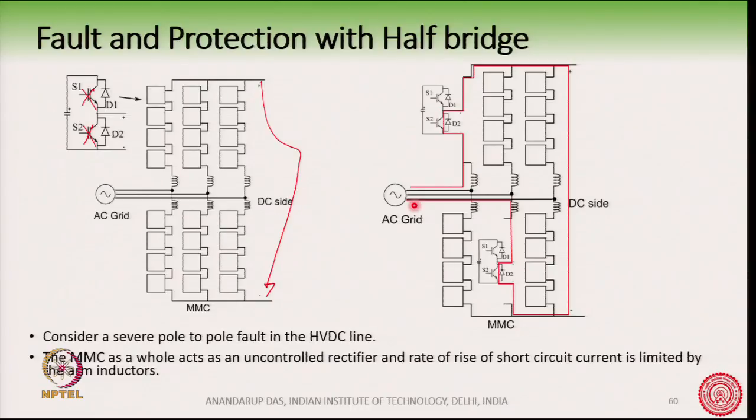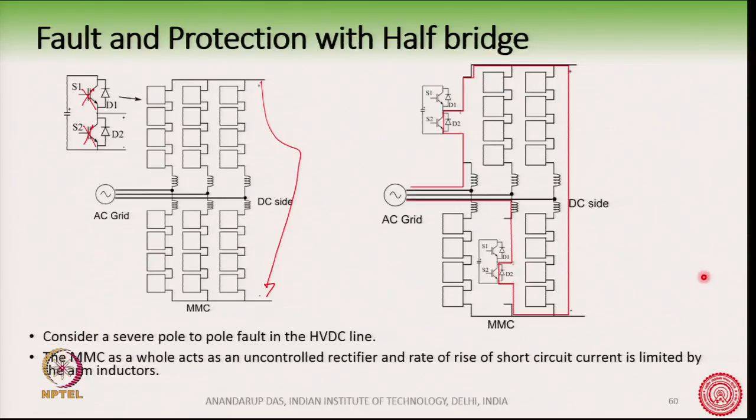So, you can see therefore that there is a path for the current to flow during this short circuit condition, which is provided by the diodes of the half bridges.